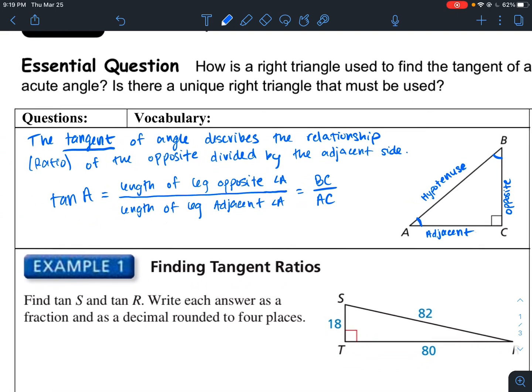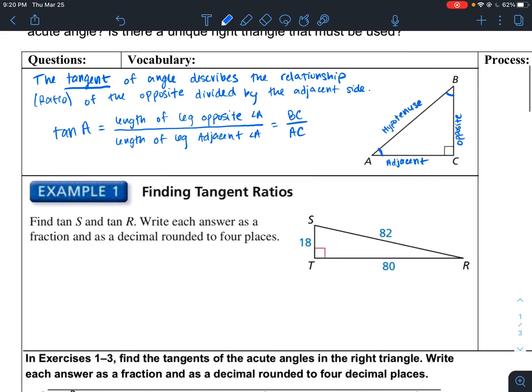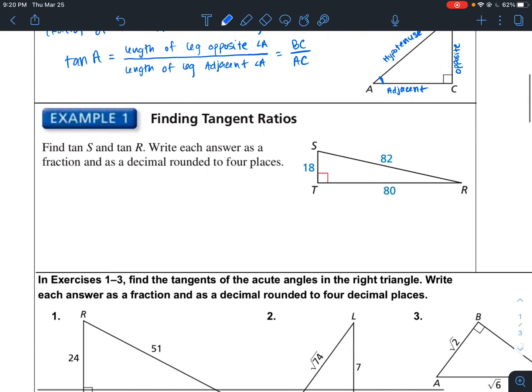Now if we were talking about angle B, it would be different. Okay, so this is what tangent is defined as.